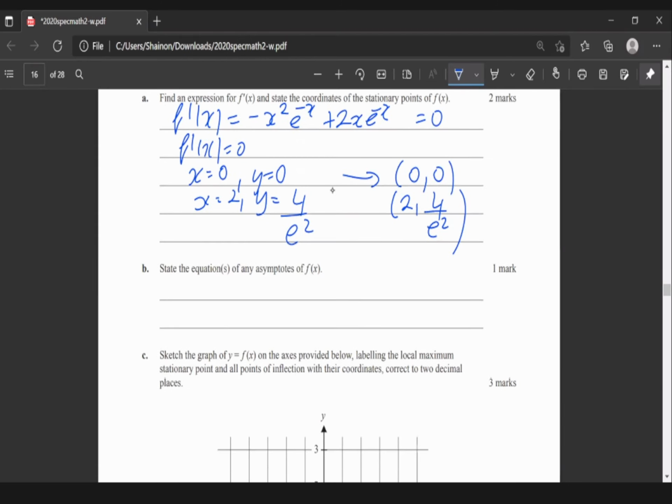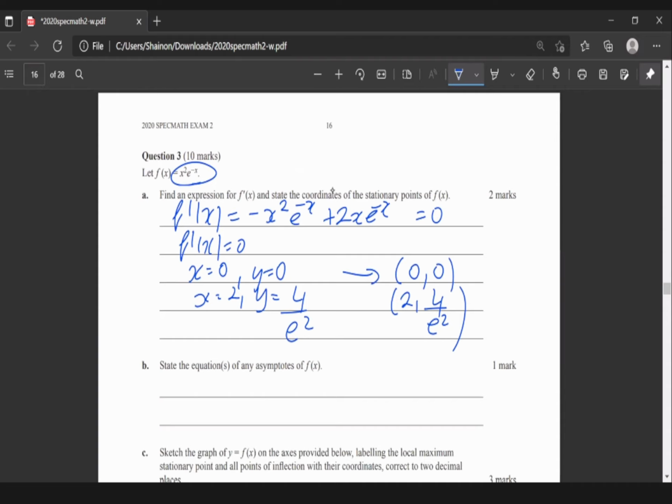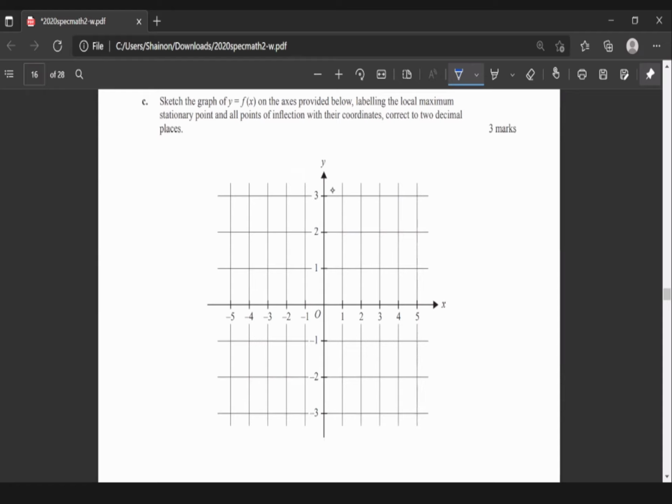State the equation of the asymptotes. So the only asymptote that this has is going to be something like that. So y is equal to 0. You can plot this graph using CAS, because it's going to be difficult to draw.